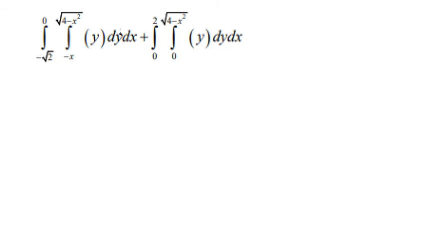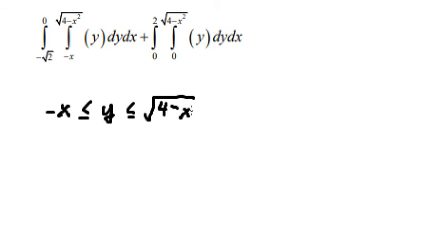About the first one, we have dy, so y in this situation is greater than negative s and smaller than the square root of 4 minus s squared. About dx, s is from negative of the square root of number 2 and number 0.